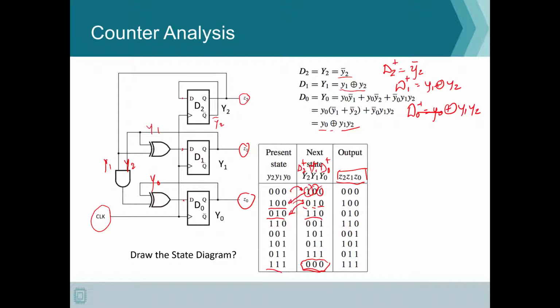So how do we go about doing our state diagram? In our state diagram, we will assume the states are S0, S1, S2, S3, S4, S5, S6, and S7.